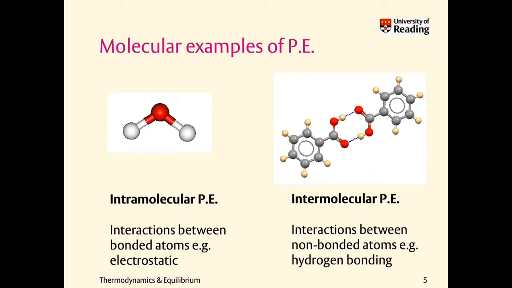There's also intermolecular potential energy. So the molecules will be interacting with each other in some way, either within a liquid or a gas or within a solid structure. And so there will be interaction between the molecules. There'll be non-bonded interactions, such as hydrogen bonding, you might consider as a non-bonded interaction, or electrostatic interactions between molecules.